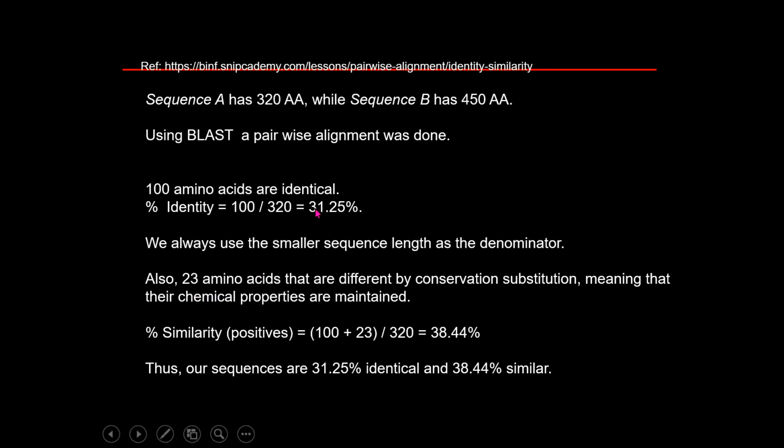So identity is this, similarity is this. Identity will always be less than similarity. Similar means it's not exact, whereas identity means exact. Do you understand? Some amino acids can be similar because they have similar properties, hydrophobic nature or hydrophilic nature.